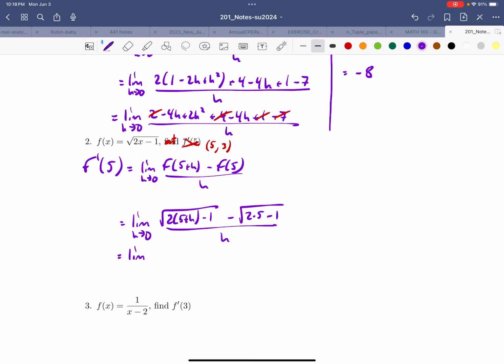Let's simplify that a little bit. We're going to get the limit as h approaches 0 of 10 plus 2h minus 1. Let's simplify that to 9 plus 2h. And then here we're going to get minus 3, and then divided by h.